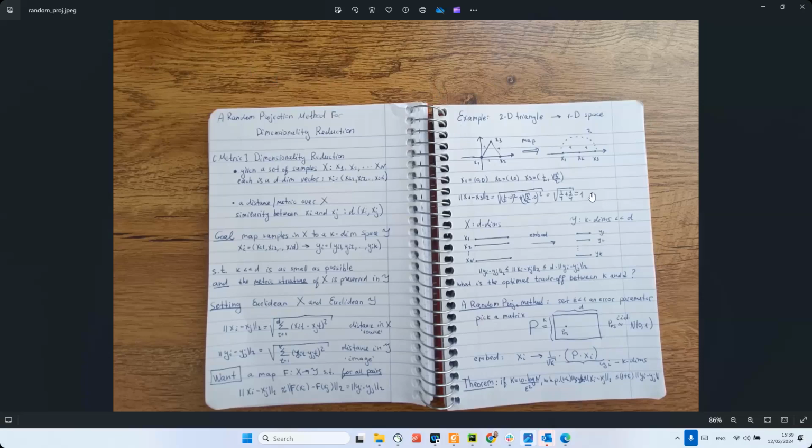Any additional questions or comments? Could you say a few words on how this is going to be used? Yeah. As I told before, for example, in a clustering problem, I have data of n samples in high dimensions, say 10,000 dimensions.